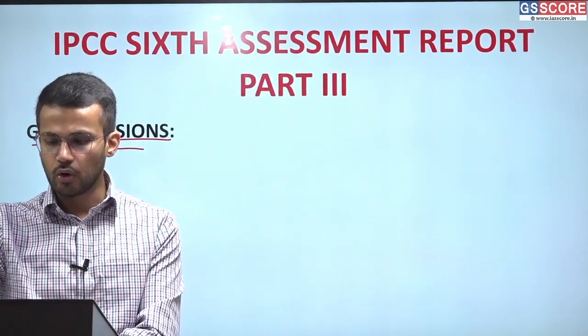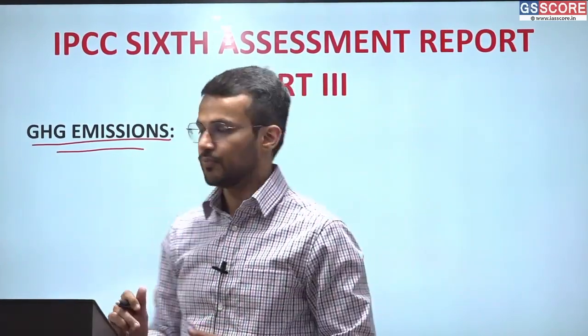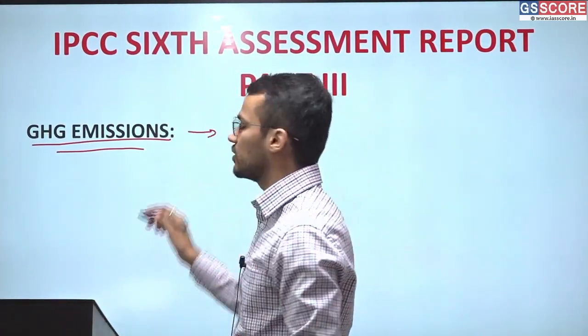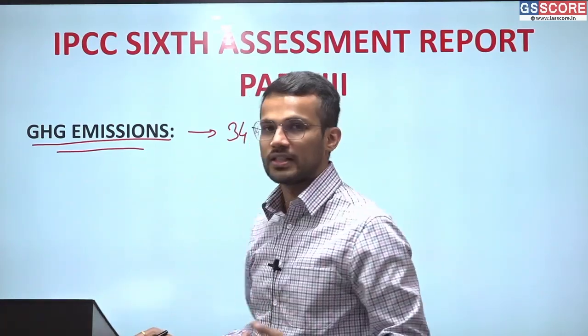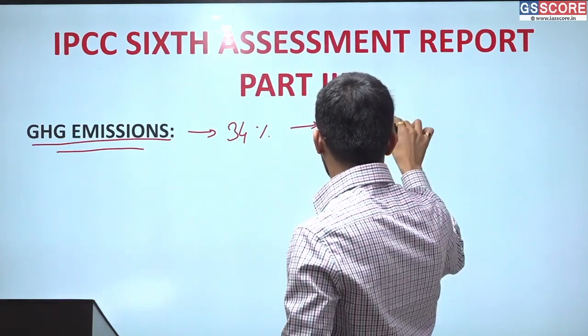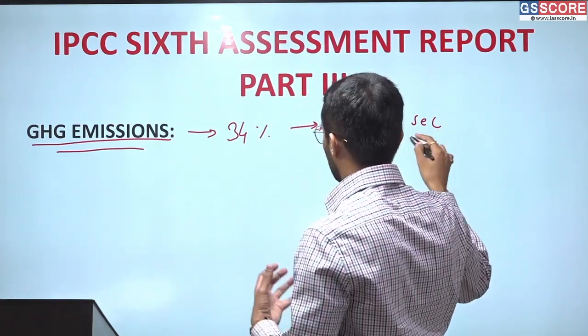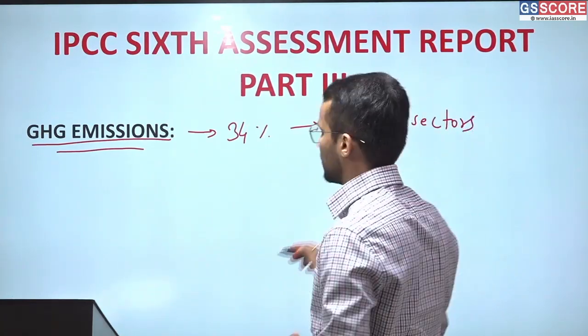Moreover, this report has also given the contribution of various sectors. So what are the different contributions of various sectors? 34% of greenhouse gases are coming from the energy sector.